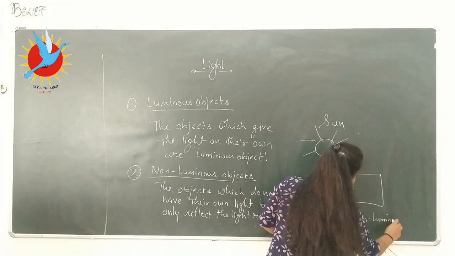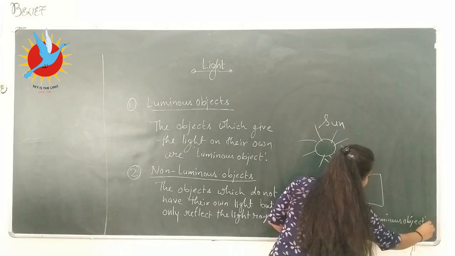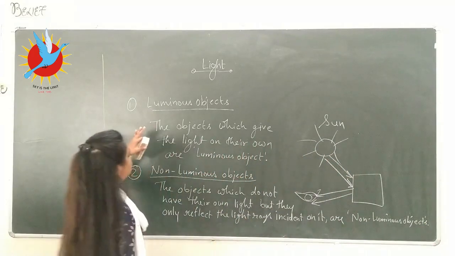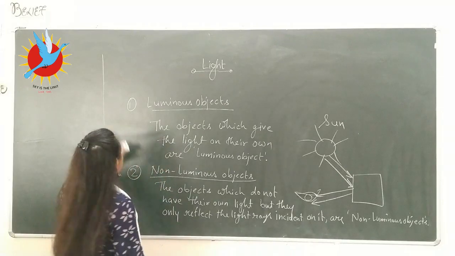Okay. So this is the definition of luminous and non-luminous objects.